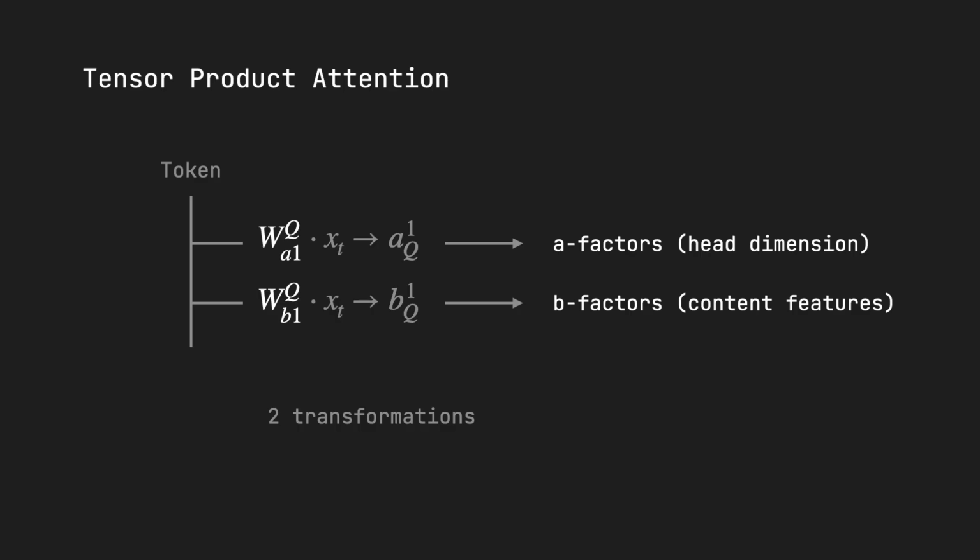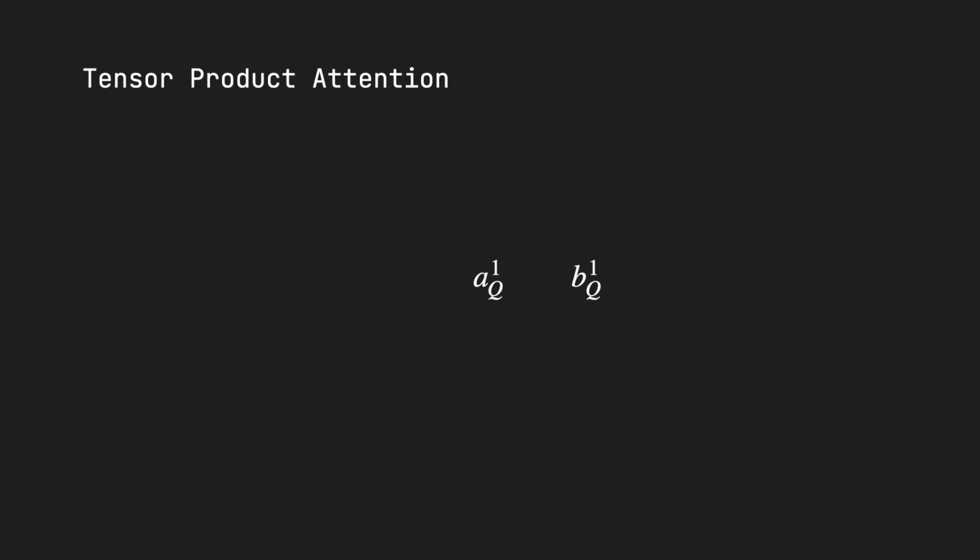So let's look at how you combine the results of these dot products. The way you do it is by using tensor products. This is the notation right here, the tensor product, and what you get in the end is the query. The one question that comes up is, what is a tensor product itself?